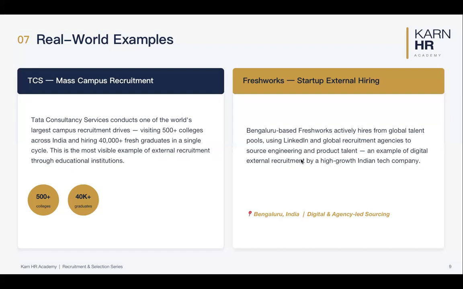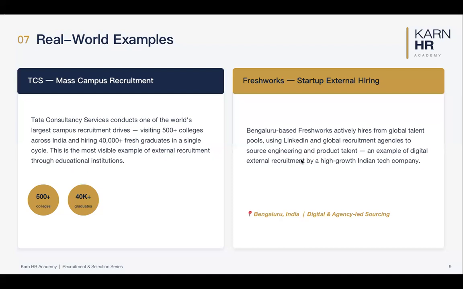The benefits are access to highly skilled professionals, faster hiring of specialized talent, and the ability to recruit globally. So a software engineer working in another company is approached through LinkedIn and recruited by Phrasworks. So both of these are examples of external recruitment.